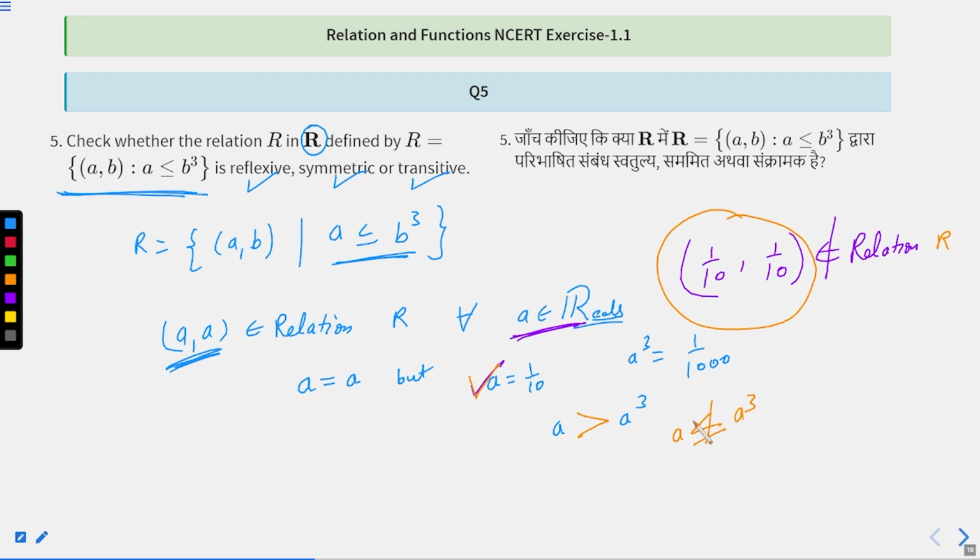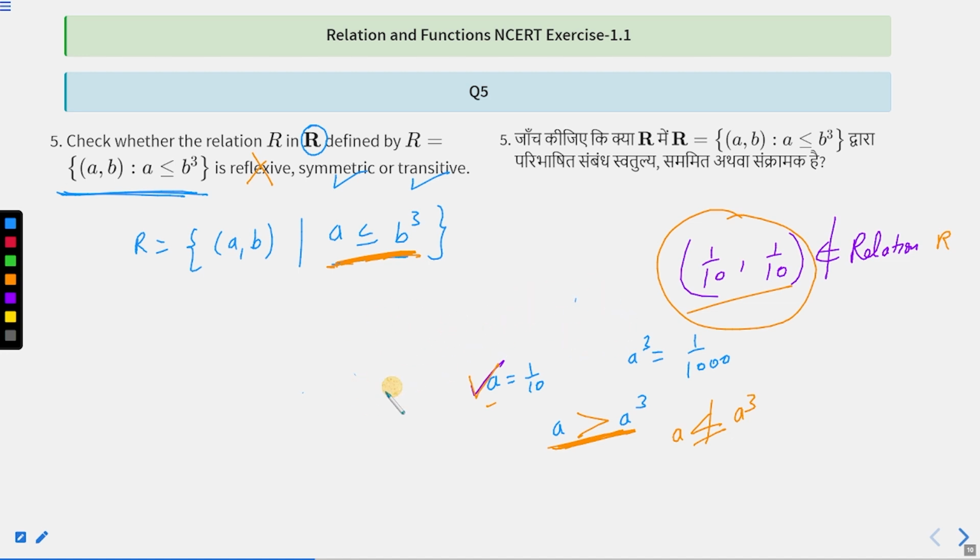If the (a, a) pair is in our relation R, then it must satisfy this condition, but here it is not satisfying the condition. So this means this is not reflexive.